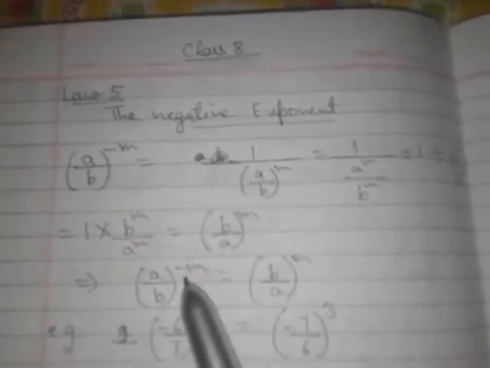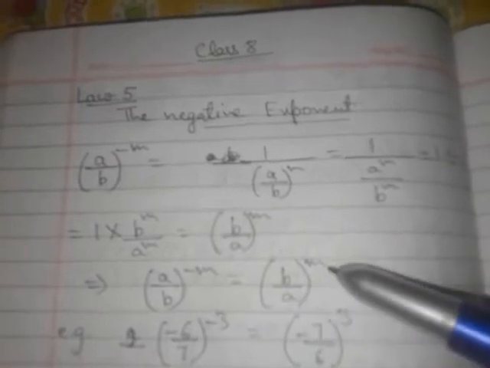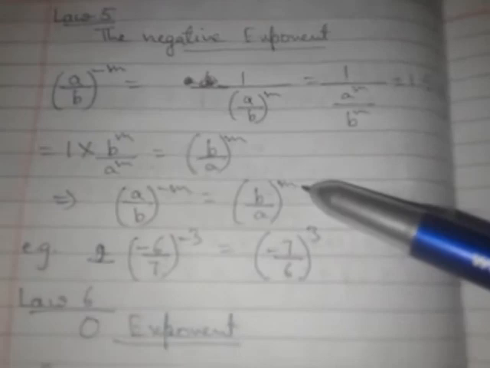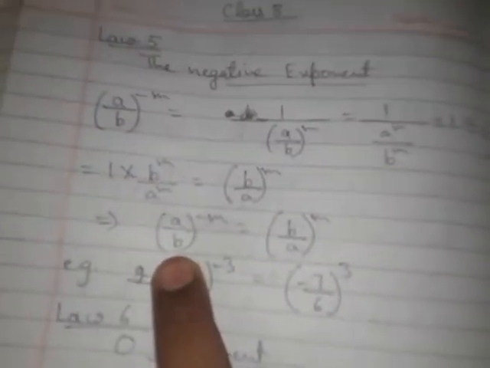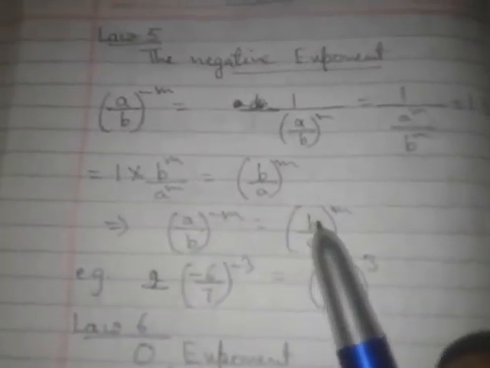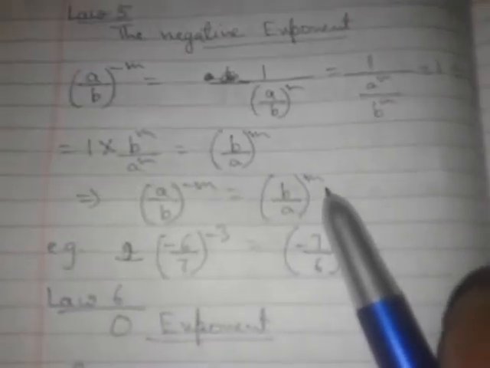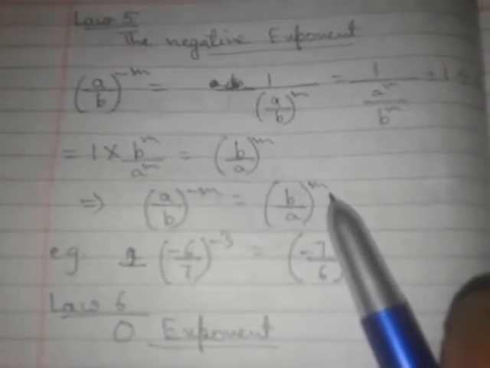That means if we have any rational number raised to a negative power, you just interchange the numerator and the denominator, and the power becomes positive.